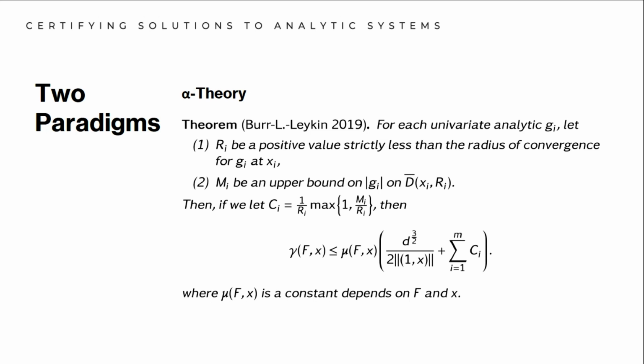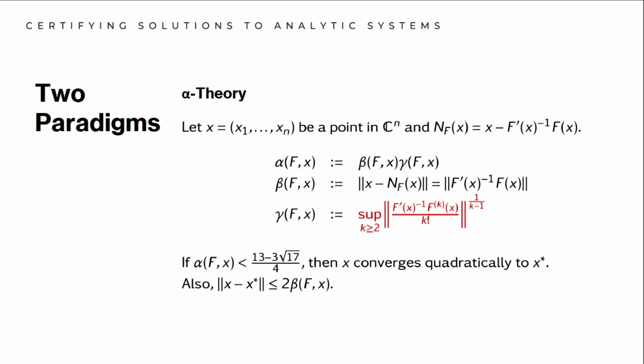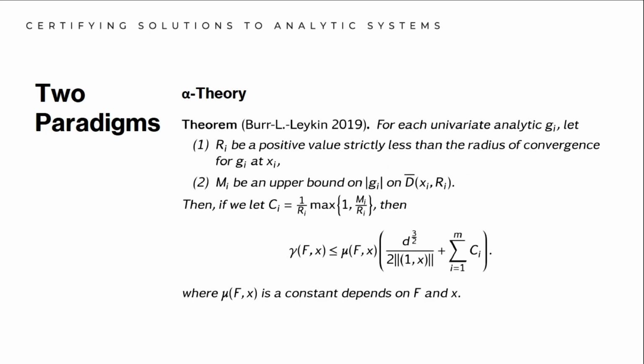Can we go back to the definition of gamma again? Yes. Okay, so it's this guy: the k-th derivative divided by the first derivative times k factorial, and then you take the power one over k-minus-one. Okay, right. And then let's go back to your approximation.